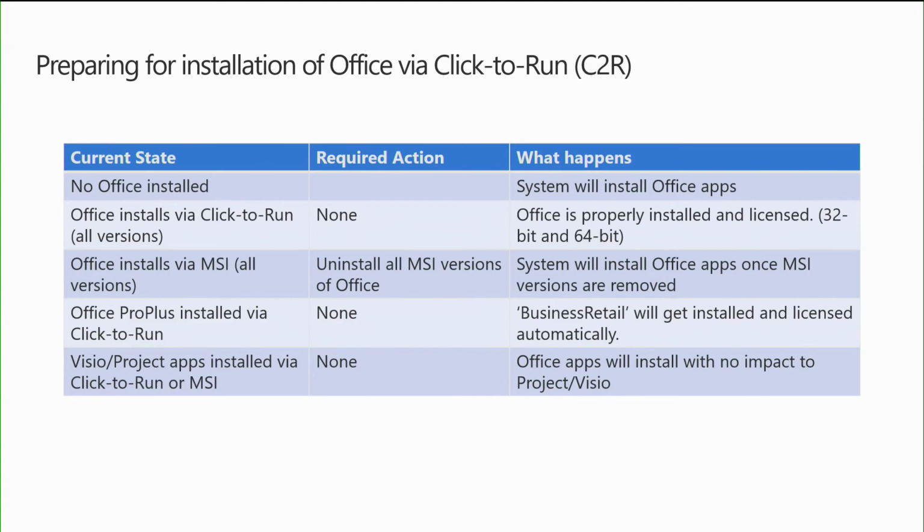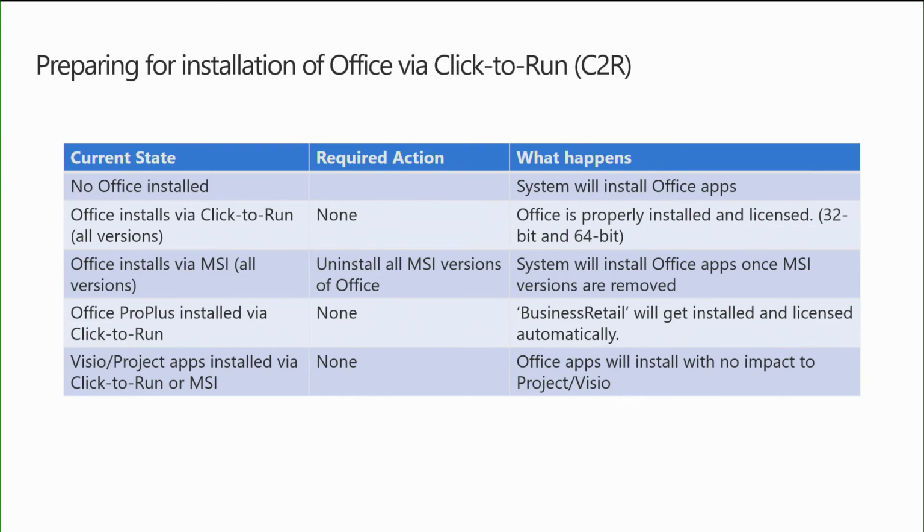This is a chart that shows you a path from your current state to what happens when Office is installed. So if your current state is no Office is installed, the system will install Office apps. So this is like a new device where an employee comes in, signs in with their credentials, and the system will install Office apps.